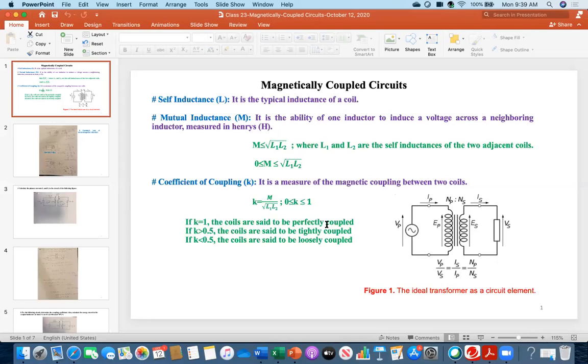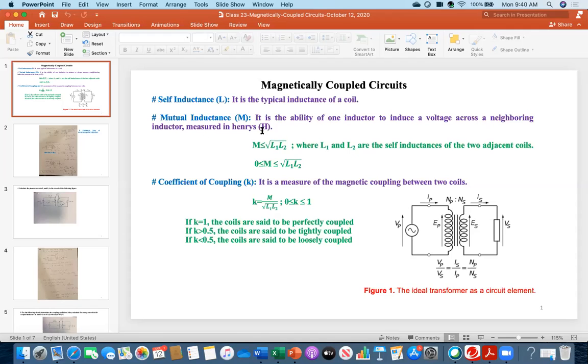Now, come back to a couple of things, and then I will take you to a numerical problem. So self-inductance is L. It is the typical inductance of a coil, so you all know. And what is the mutual inductance? That thing we have looked at so far. It is the ability of one inductor to induce a voltage across a neighboring inductor.